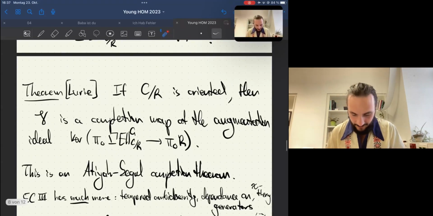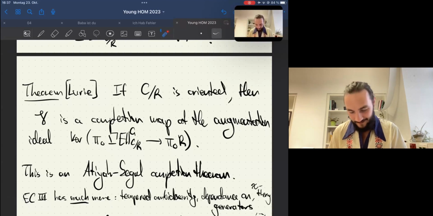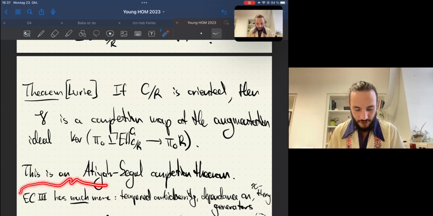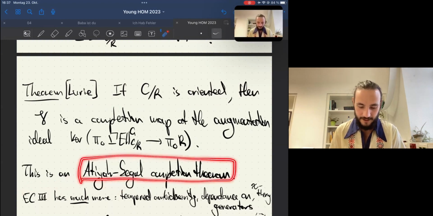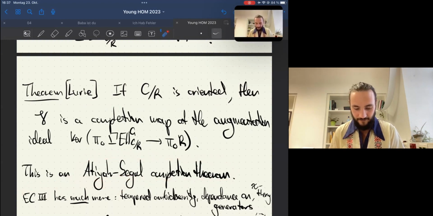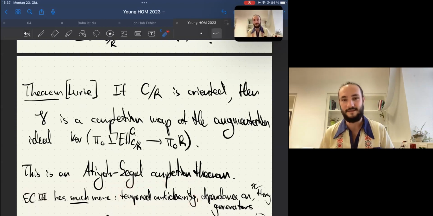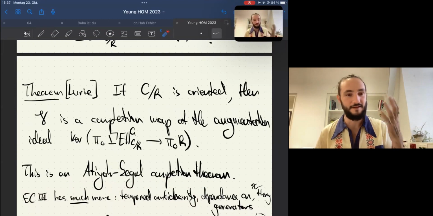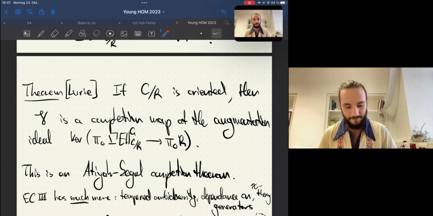And I wanted to mention here, which in all honesty I only wrote a few minutes before we started, that elliptic cohomology 3 has so much more than this. There's not just this kind of Atiyah-Segal completion theorem, but you also have what Lurie calls tempered ambidexterity. That's something related to the ambidexterity you may be used to seeing in the Tn local spectra.